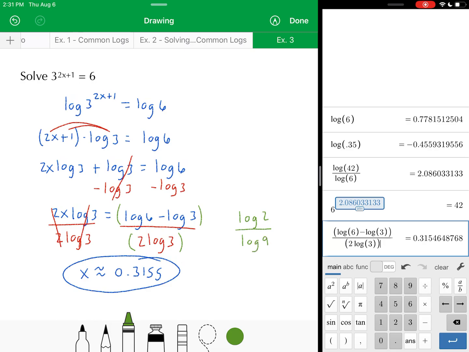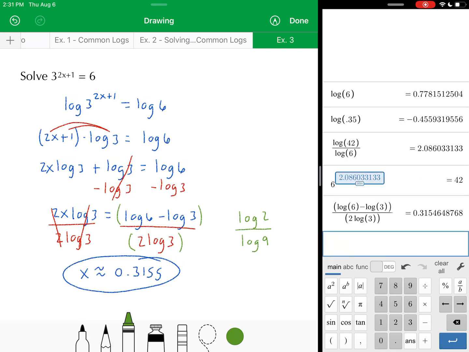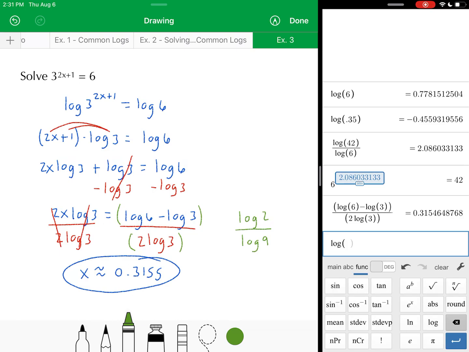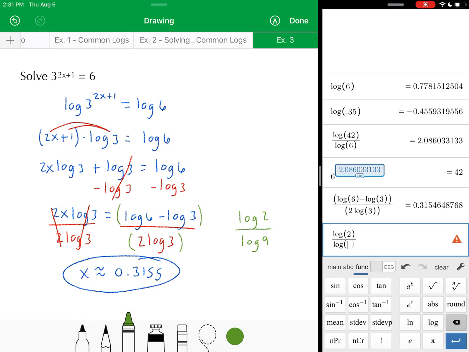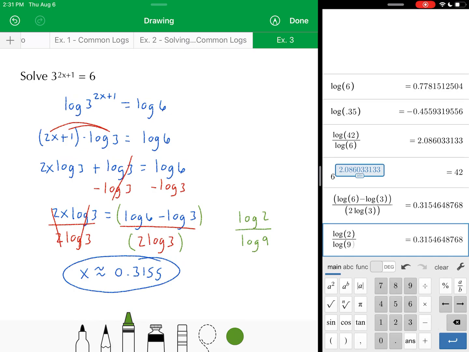Because you can apply a power property there. So let's just double check. Is log 2 over log 9 going to give us the same result? Log 2 divided by log 9. Absolutely. So it's just a matter of preference on how you want to go about it before you input into your calculator.